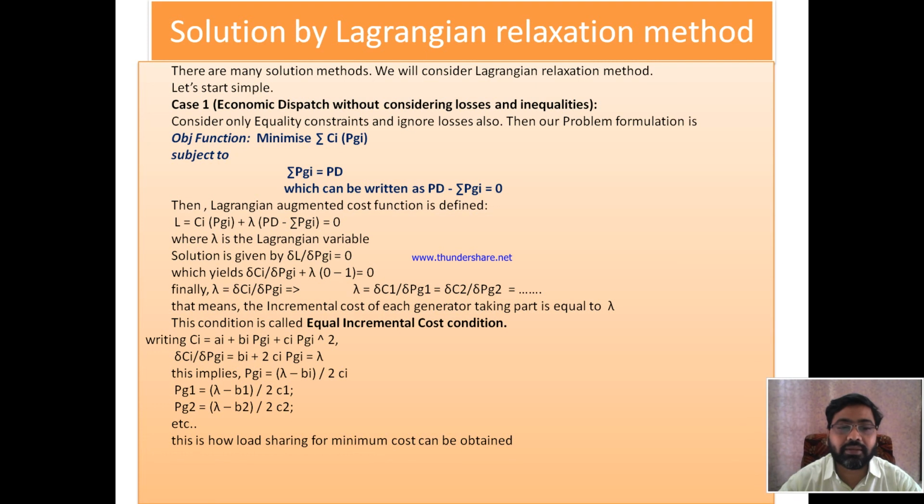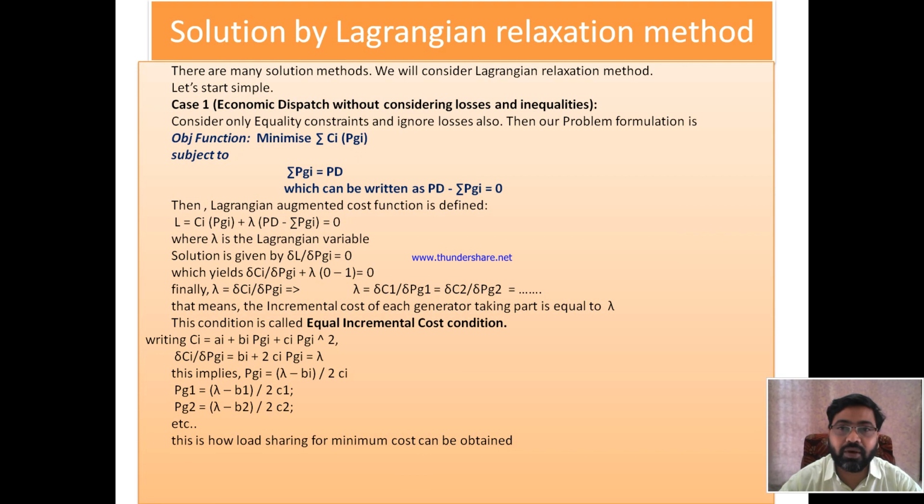So each power generation expression you are getting here: power generation of unit 1 is lambda minus b1 by 2c1, power generation of unit 2 is lambda minus b2 by 2c2, power generation of unit 3 will be lambda minus b3 by 2c3, and so on. This is how load sharing for minimum cost can be obtained if we ignore losses and inequalities.